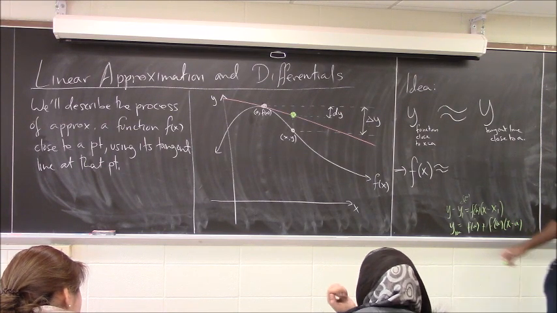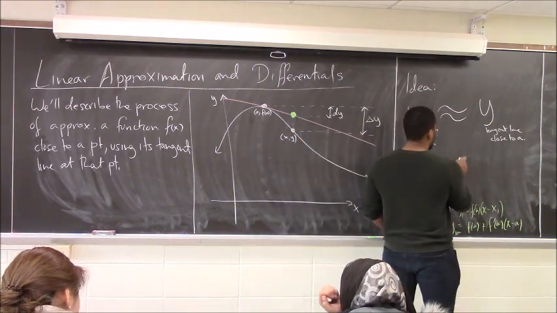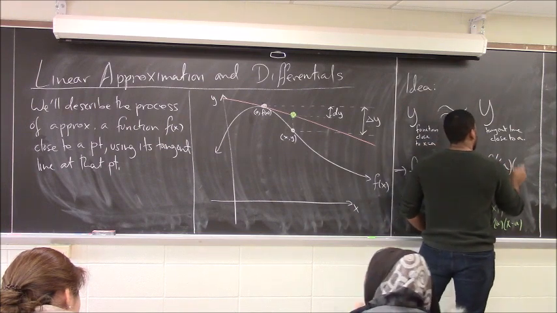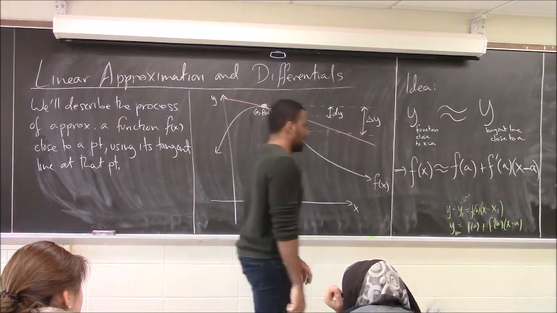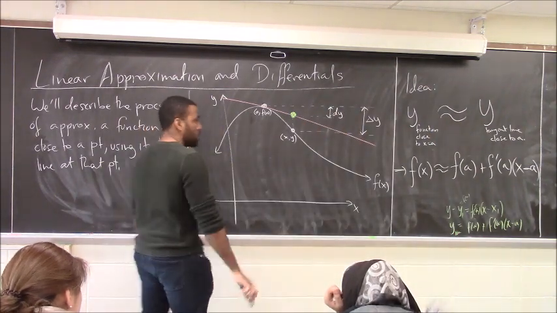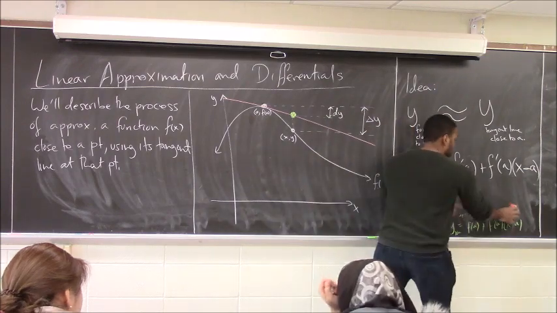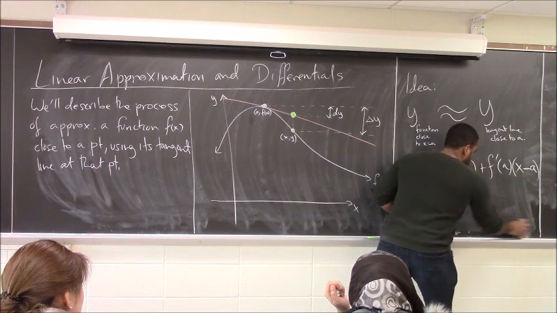And so we can plug that in here. So our function output at x is going to be approximately equal to this expression. So we can use this expression to approximate what our function is doing, and it's the equation of the tangent line at a point close to that guy.